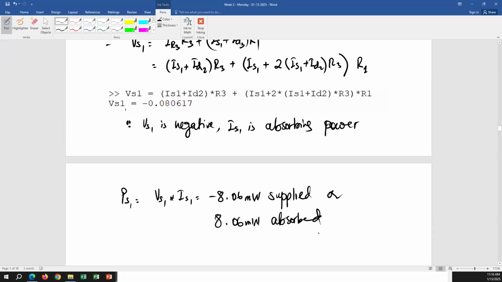Negative power supplied is positive power absorbed and vice versa. Any question about this?